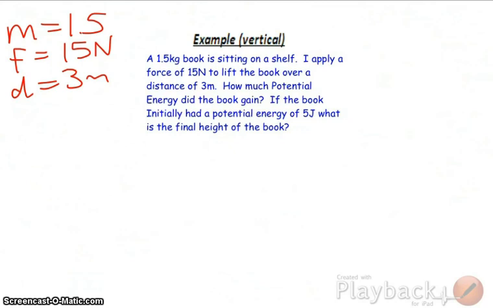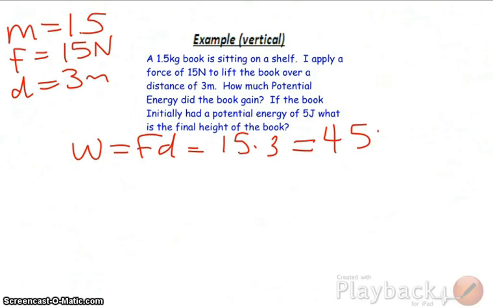Okay, so it gained the amount of energy equal to the work you put in. So you solve for work. Work equals force times distance. That equals 15 times 3, which equals 45. So it gained 45 joules of potential energy.